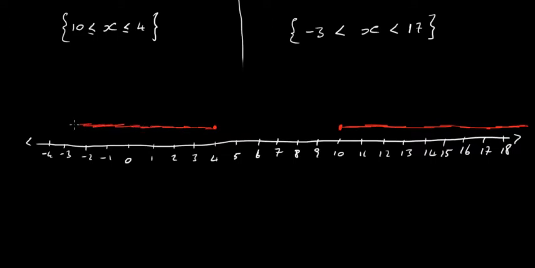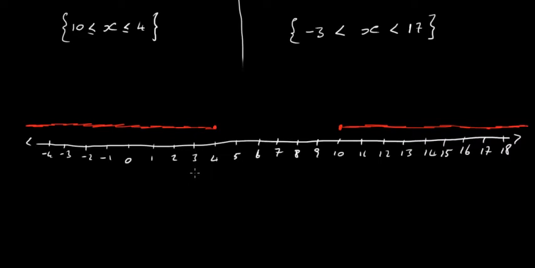Now what about this one here? Well, we need x to be greater than, I'll do this in a different color, let's go for green here. Okay, so x is going to be greater than minus 3. So here's minus 3. Sorry, it's actually down here, my fault, so it's going to be greater than minus 3.